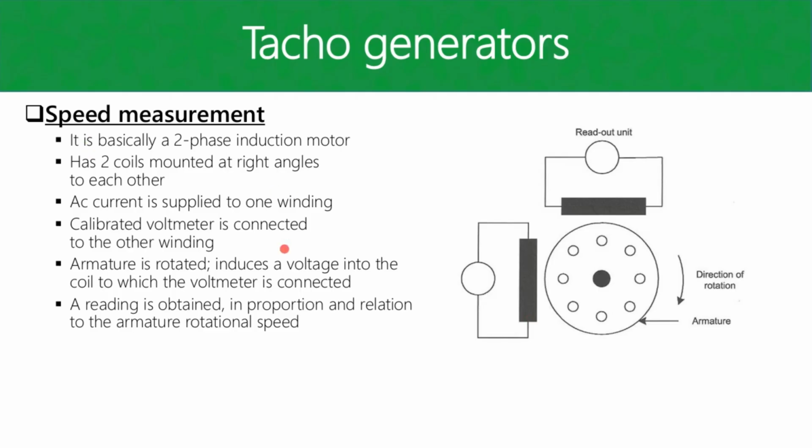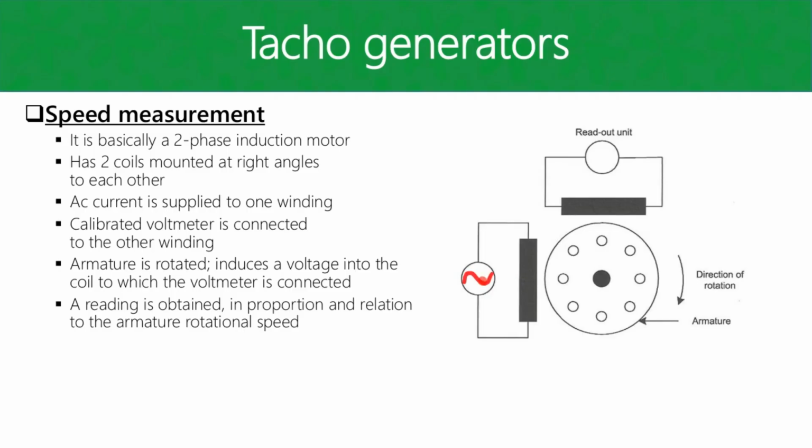Tacho generator, also an inductive transducer. Essentially it's a two-phase induction motor that you mount onto the shaft of a machine in order to measure the speed. Here you have an applied signal.